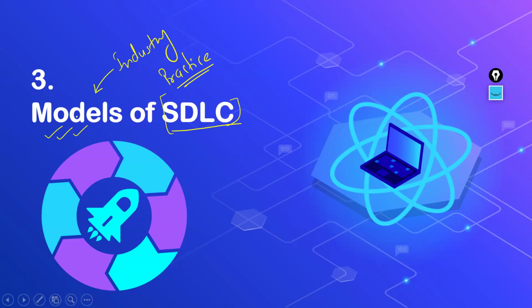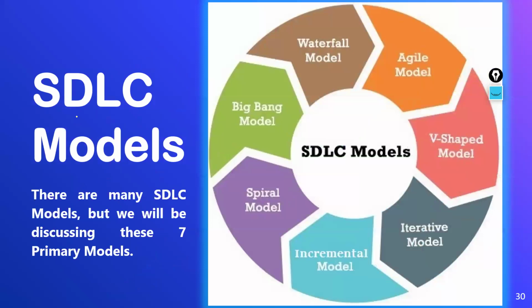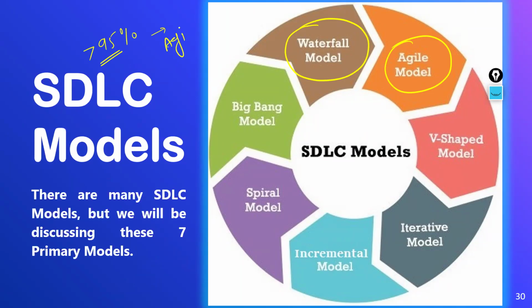Primarily there are multiple types of models, but we would be focusing on these two, waterfall and agile. Nowadays, more than 95% of the organizations are using agile for their software development.